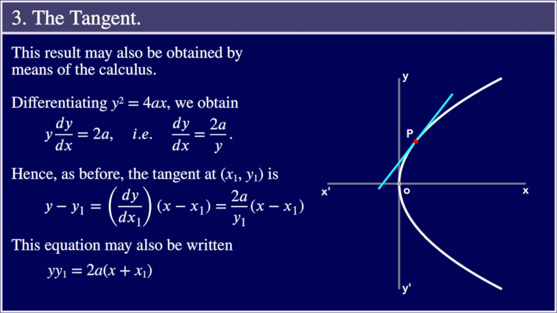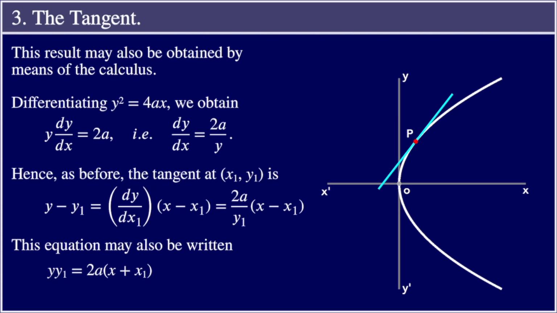This result may also be obtained by means of the calculus. Differentiating y squared equals 4ax, we obtain y dy/dx equals 2a, i.e. dy/dx equals 2a divided by y.